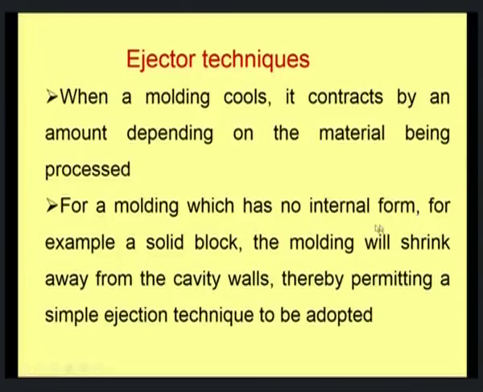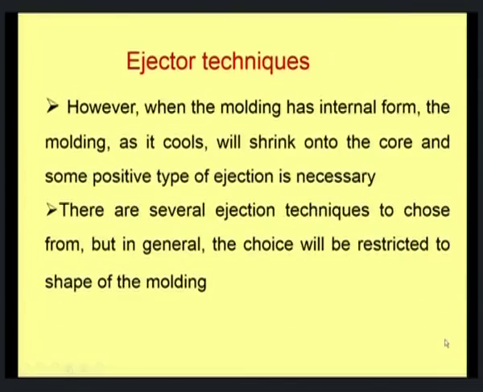Now, for a molding which has no internal form, that means there is no intricate design inside the product, for example a solid block, either a rectangular block or a square block, the molding will shrink away from the cavity walls, because once it cools or solidifies, there will be reduction in size. Therefore, naturally the product that is being formed is not going to touch the surface of the cavity walls. Therefore, a simple ejection technique could be used there to eject the product out.